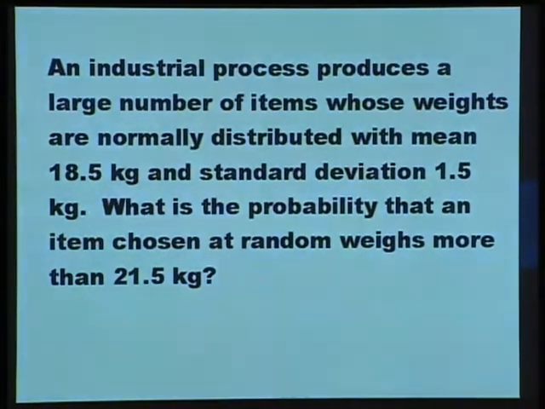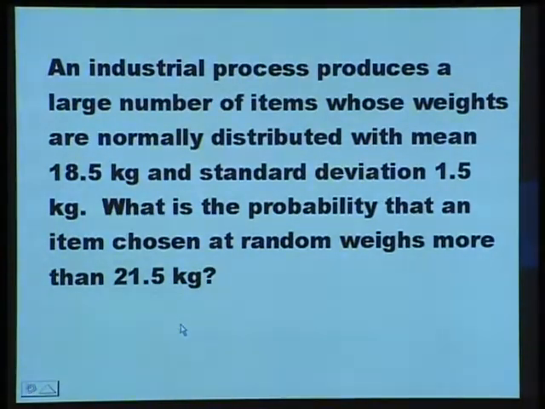Note that here the first question we ask ourselves, what is normally distributed? It is the weight of the items. What is the mean value of the weight? 18.5 kilograms. What is the standard deviation? 1.5 kilogram. And we are interested in knowing the probability that an item chosen at random will weigh more than 21.5 kilogram.